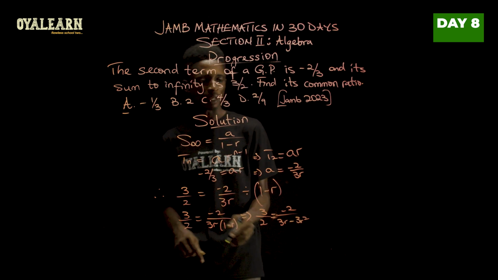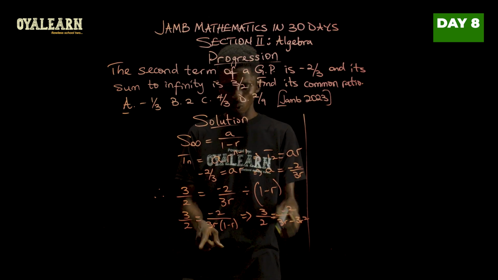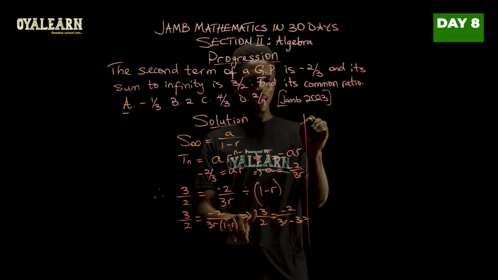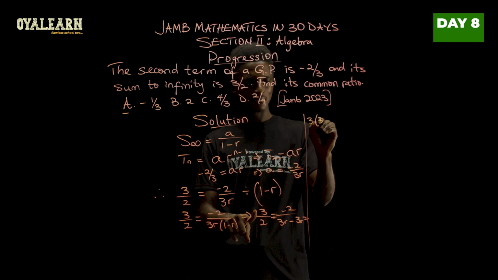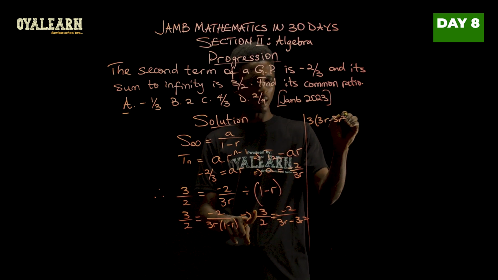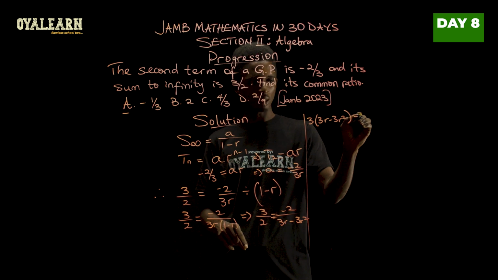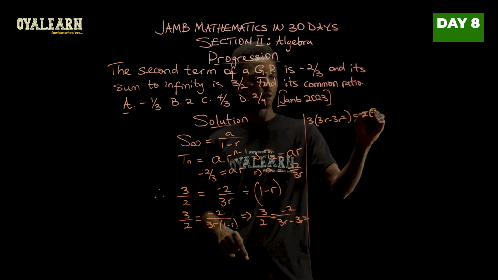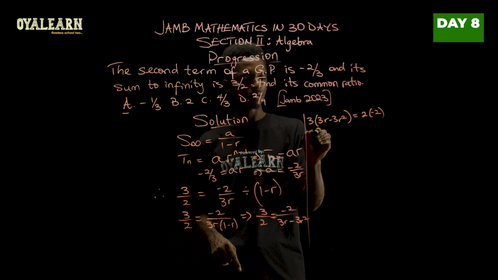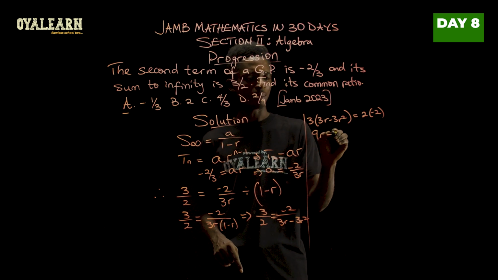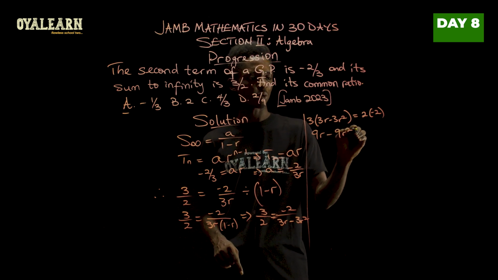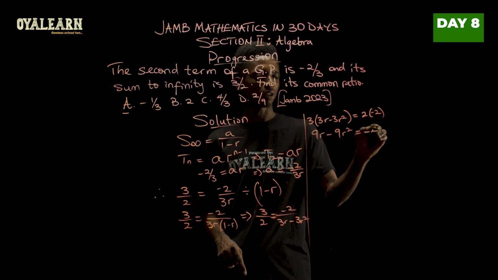Now let's cross multiply. When we cross multiply at this point, we would have 3 open bracket 3r minus 3r squared, and this will equal 2 into minus 2. Now this will give us 9r minus 9r squared equals minus 4.